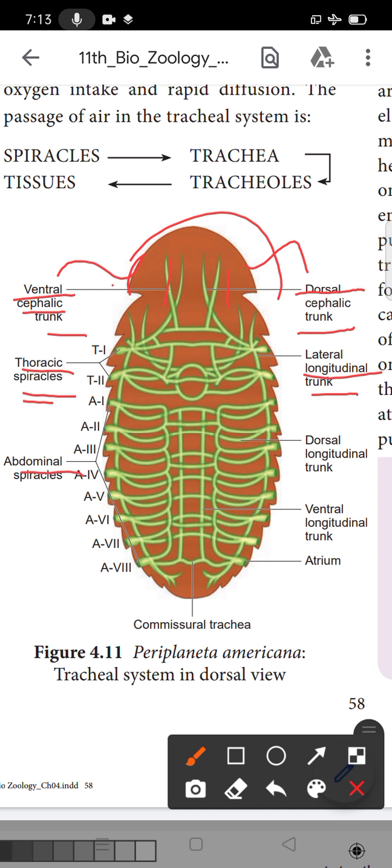Then abdominal spiracles are also present. Then on this side the dorsal longitudinal trunk is present. Then the ventral longitudinal trunk is present. Then the atrium is present. Then the last part, the commissural trachea, is present. So this is the tracheal system in dorsal view.